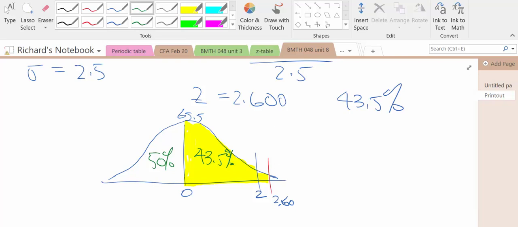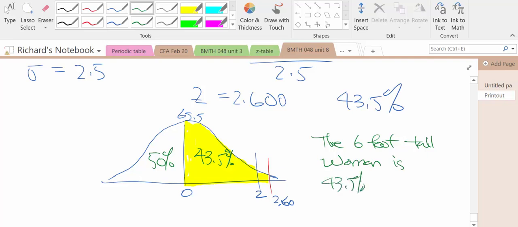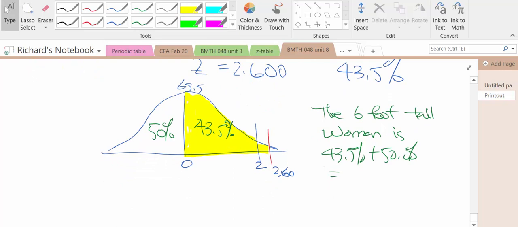So now I can say that this 6 foot tall woman is 43.5% plus 50.0% is 93.5% taller.